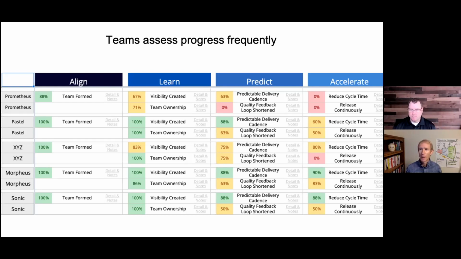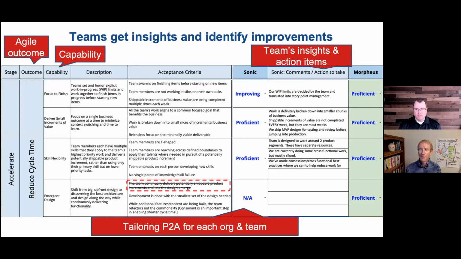Next, I'll show some detail around what's behind each one of these red, yellow, green indicators and the percentages here. So behind each one of these individual cells, as we dig in deeper, here's the detail that David referred to earlier behind each of the capabilities and then the practices. Over here on the far left of the table, you'll see how things roll up to that top level Agile outcome, one of those boxes on the previous page, and then the list of capabilities associated with it.